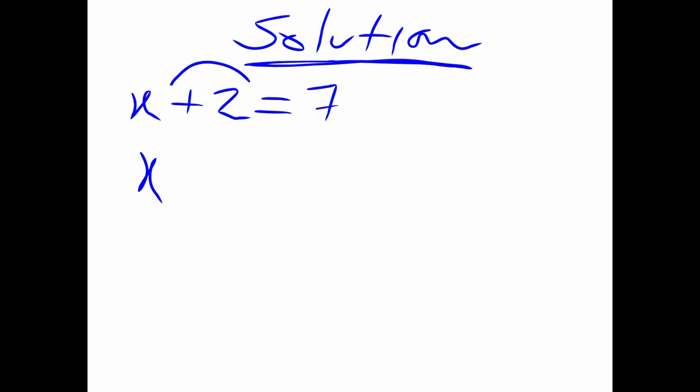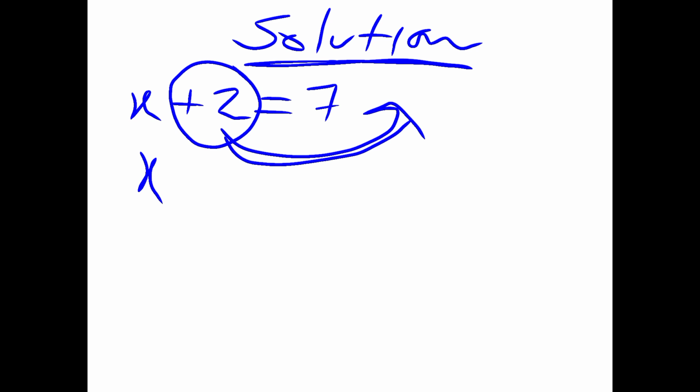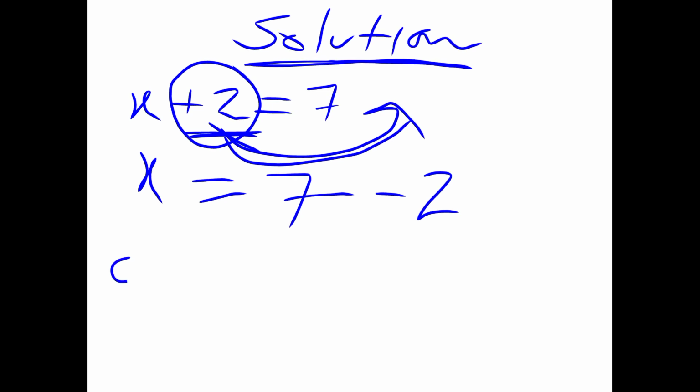We have to transfer this plus 2 to RHS. When we transfer plus 2 to RHS, it becomes minus 2. Simple, right? So x is equal to 7 minus 2, that is equal to 5.